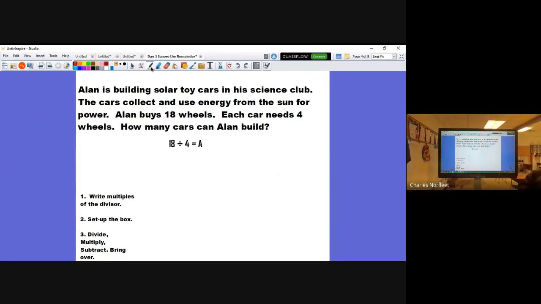When we get to the solve step, that's the same process that we did last week. So the total here would be our dividend. The number that we're dividing by, or the number of groups, would be our divisor. And we're looking for the answer to a division problem, which is called the quotient.